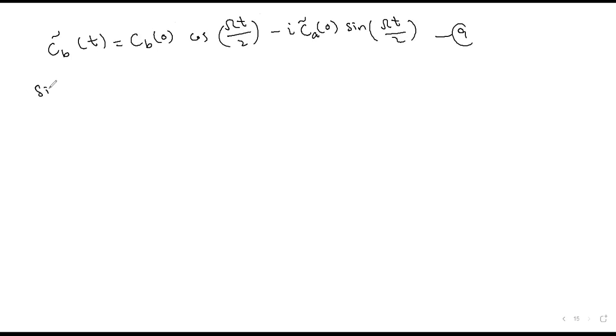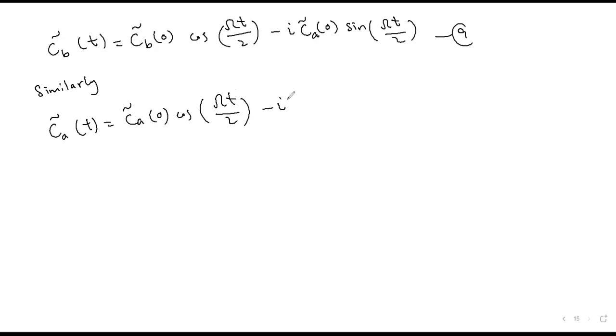Similarly, we can write the solution for Ca: Ca tilde of t equals Ca of 0 cos of omega t by 2 minus iota Cb tilde of 0 sine omega t by 2, and this is equation number 10.